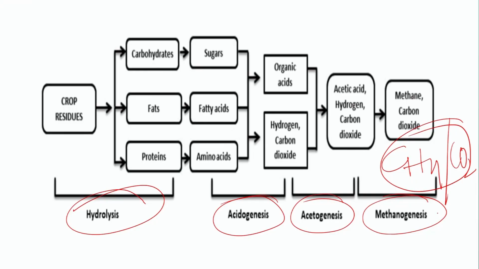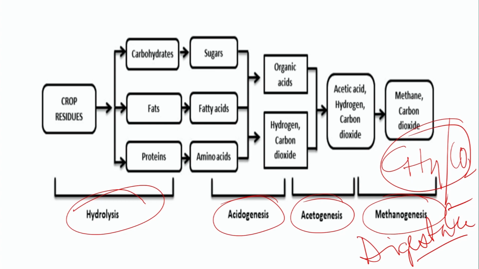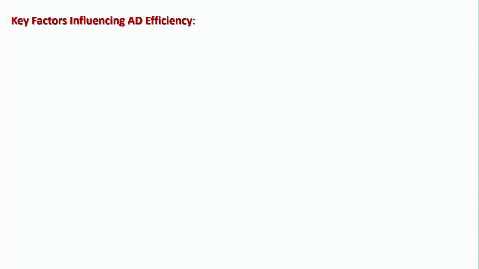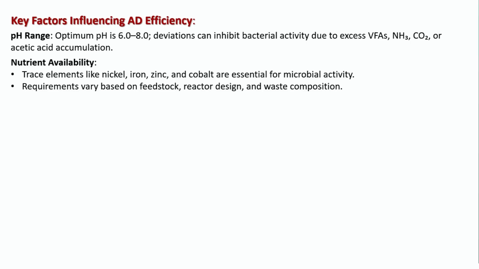At the same time, once you use this, you will have a digestate. So this digestate is going to be used particularly as a fertilizer, and this has a huge amount of, as I said, NPK. So what are the key factors which are actually influencing this anaerobic digestion efficiency?